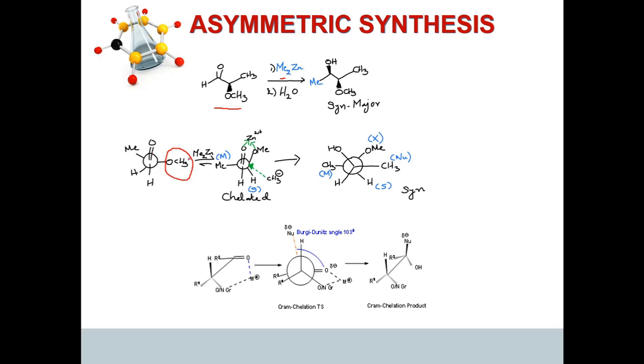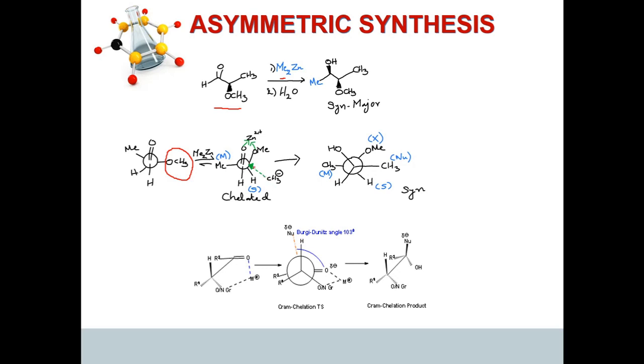Now when I add dimethyl zinc, my zinc and my electronegative group form a chelated complex. Now when this happens, you can see my OMe group moves away, and still my nucleophilic addition takes place from this direction.